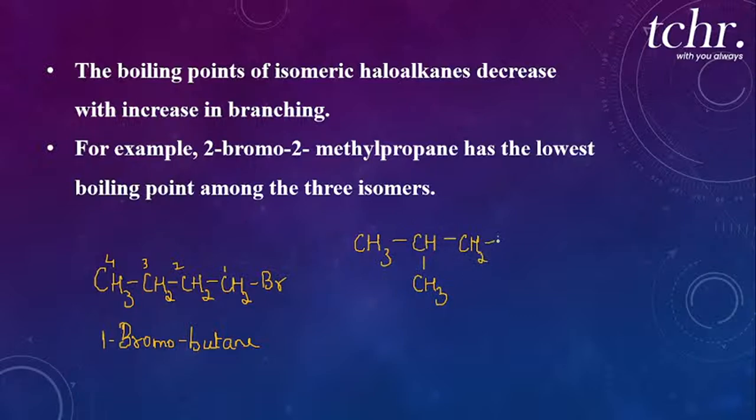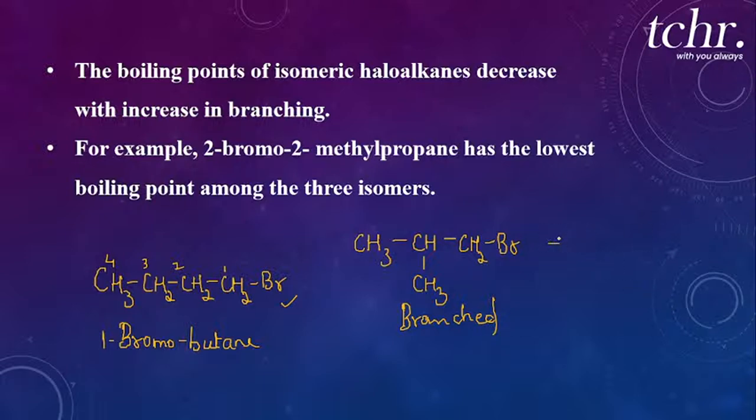Now the same compound, if I write like this, the molecular formula will be the same, but what you can observe as the difference is, this is a straight chain whereas this is a branched one, right? And so students, what you have to observe is that the boiling point of isomeric haloalkanes like this decreases with an increase in branching.